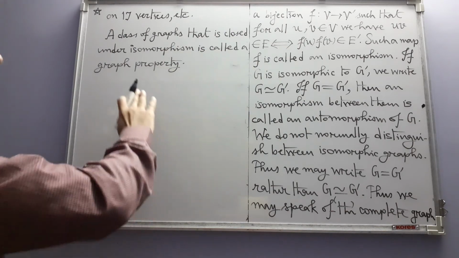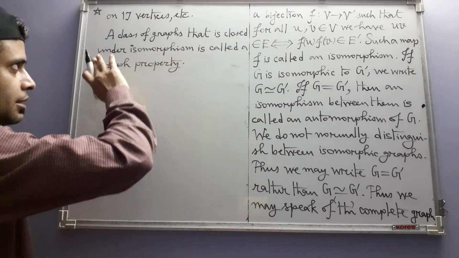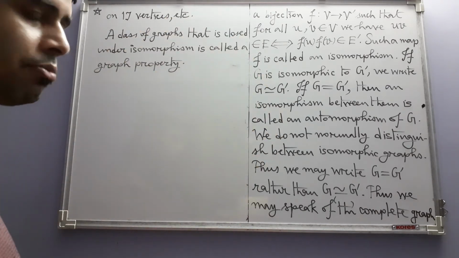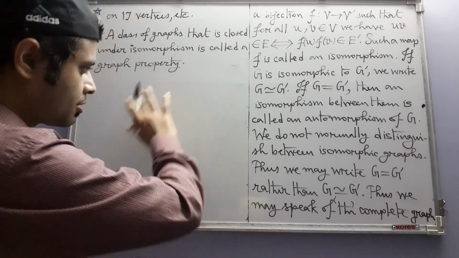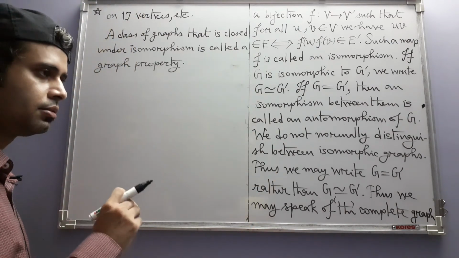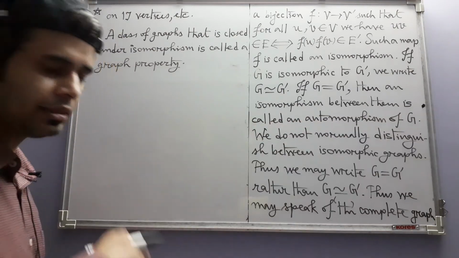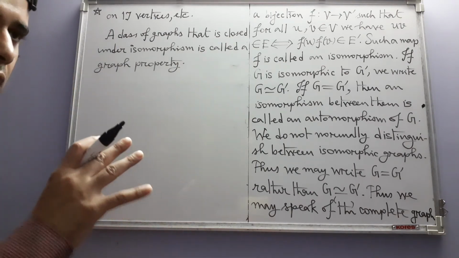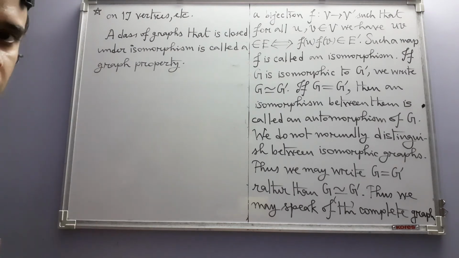Here the author writes somewhat vaguely that such a class of graphs itself is called a graph property, which also makes sense, but they represent a particular aspect of those graphs that remains constant in that class. If one particular graph has some property, then all the other graphs in that class will also have that property.